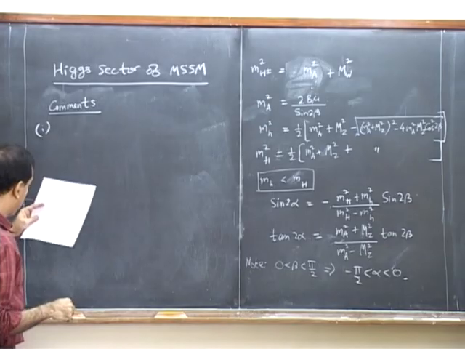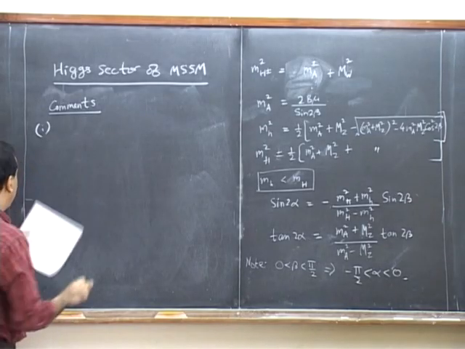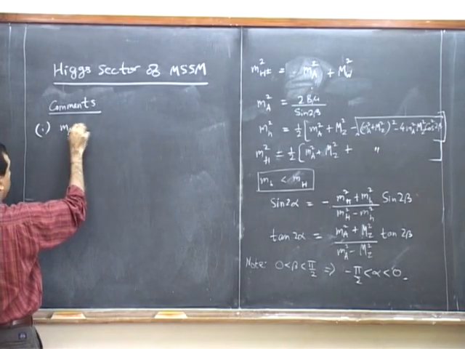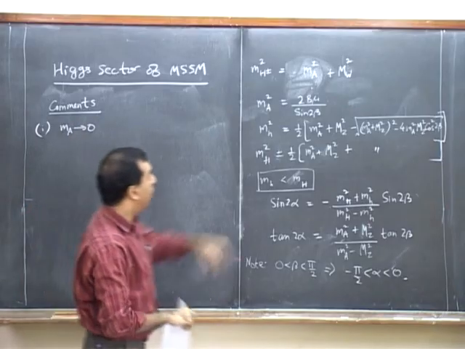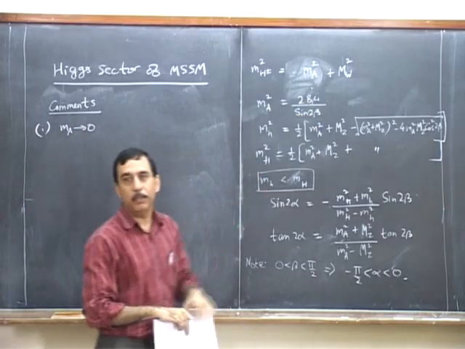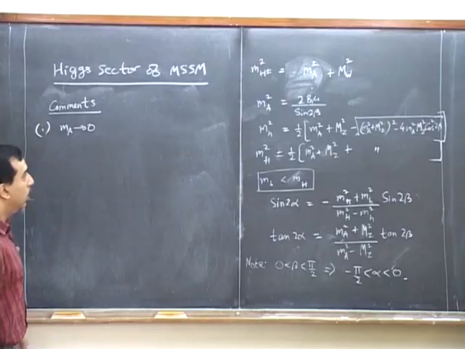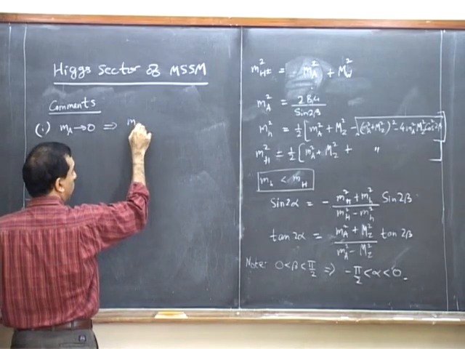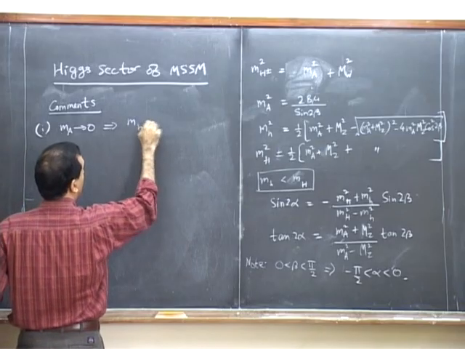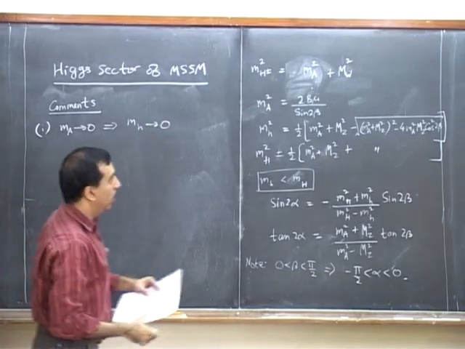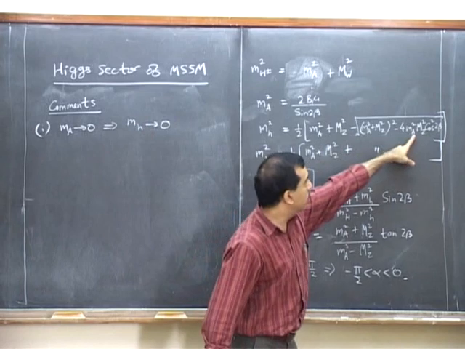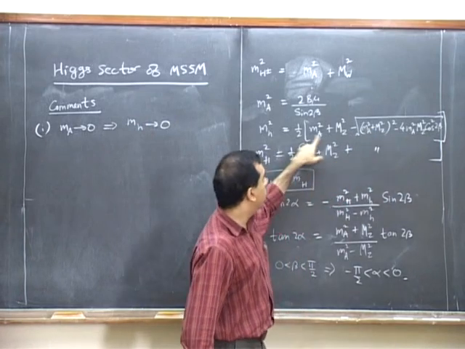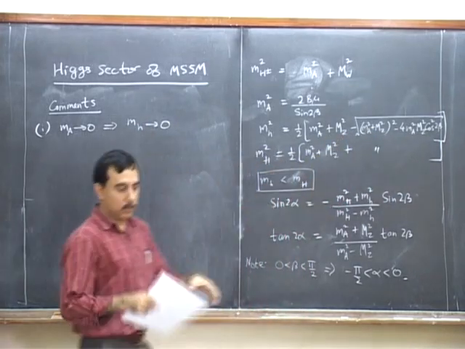So one is that if MA goes to 0, that will happen if we put this soft breaking parameter B mu to 0. Then notice that MH also goes to 0, because MA going to 0 means this term vanishes, then this square root becomes the same as this, and so it goes to 0.